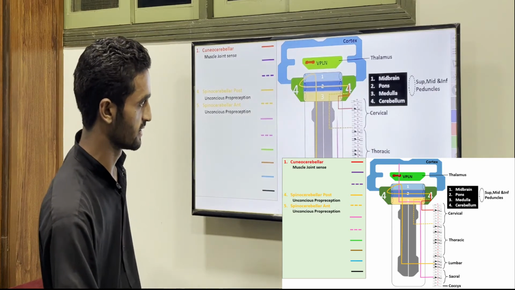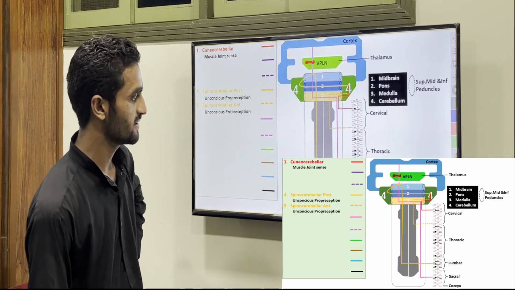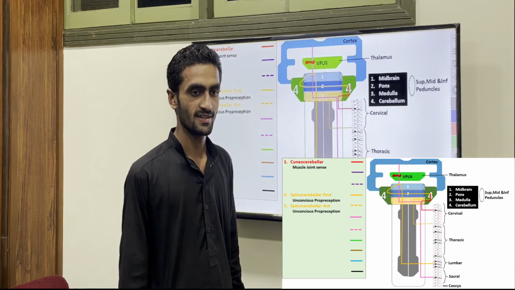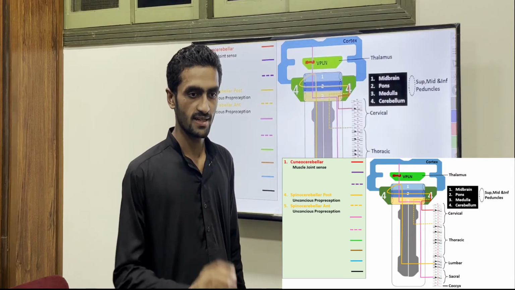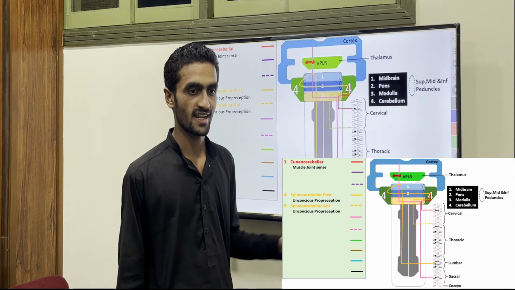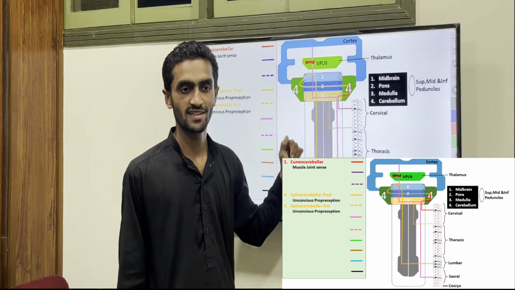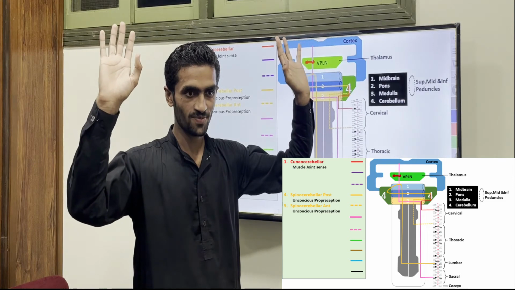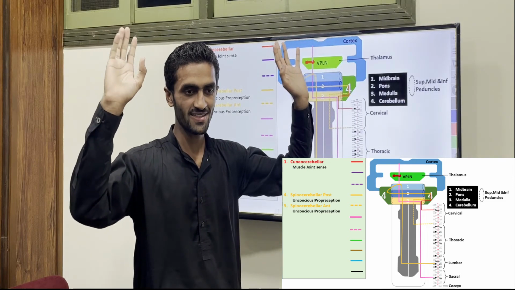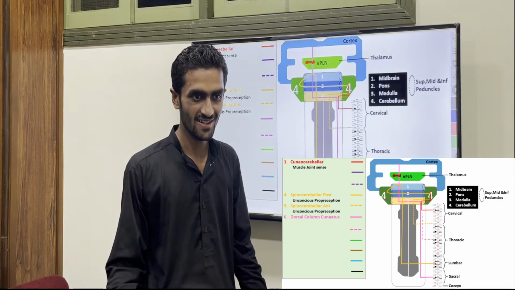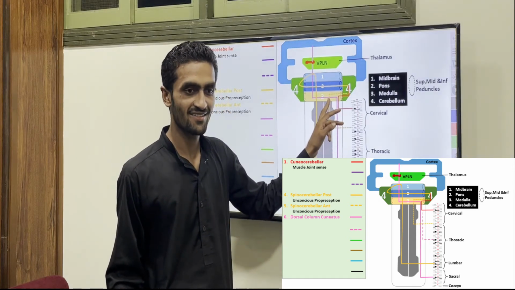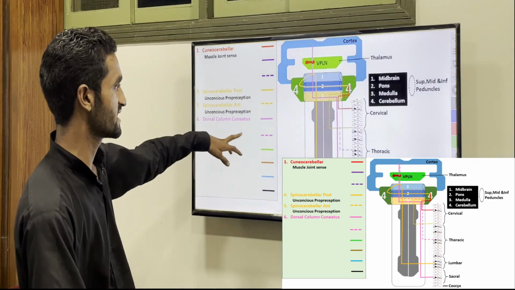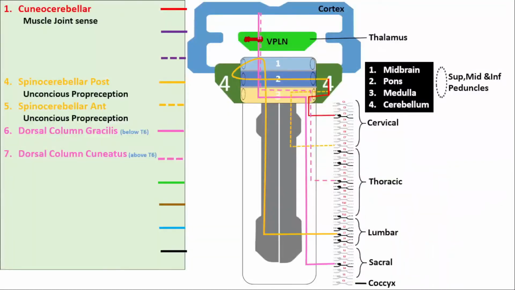Now let's look at this. Can you tell me which pathway is here, which is crossing at the level of the medulla? Contralateral. It's crossing. What is the name of this tract which is crossing at the medulla level? We have discussed: the dorsal column medial lemniscus pathway, fasciculus cuneatus or gracilis. This is your dorsal column cuneatus, which is at the level of T6 or above.